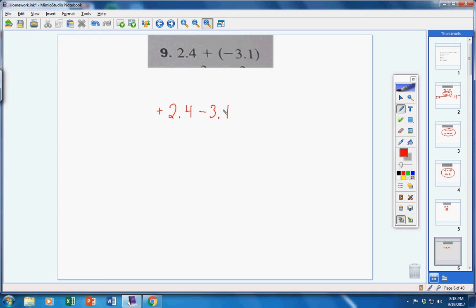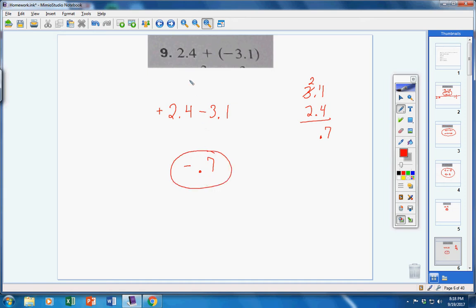I have more debt than I do positive, so I know my answer is going to be negative. And now subtract these two numbers to see how much negative I have. And I get 0.7. So positive 2.4, negative 3.1 is negative 0.7.